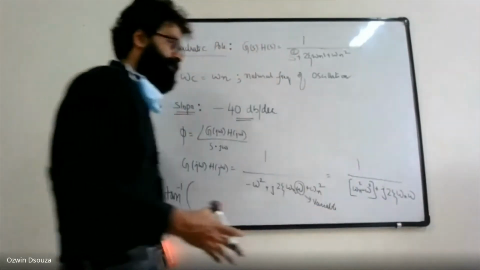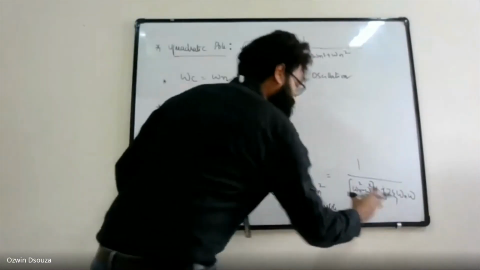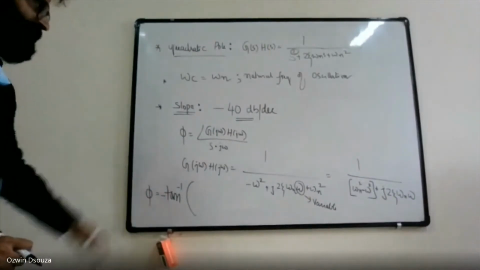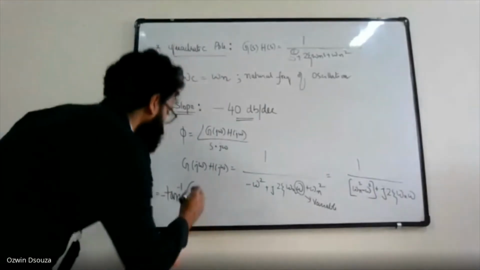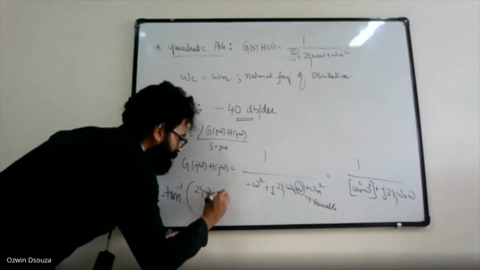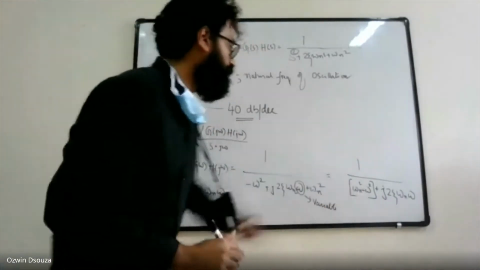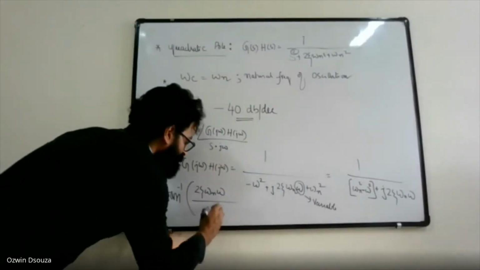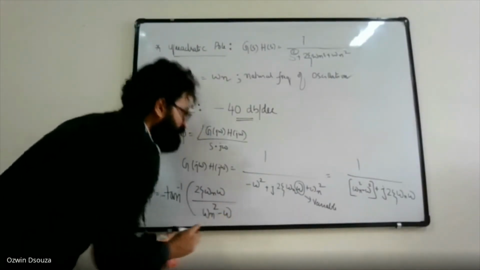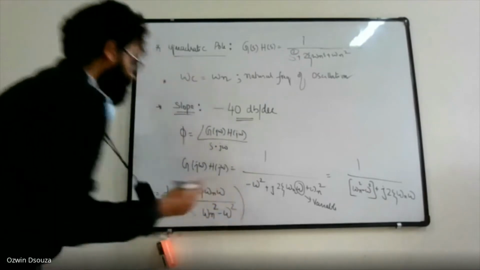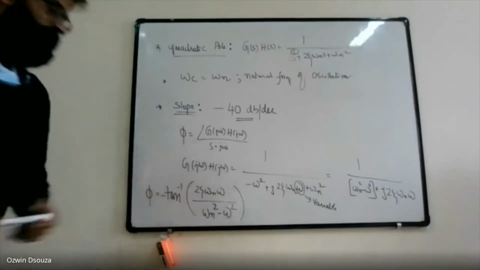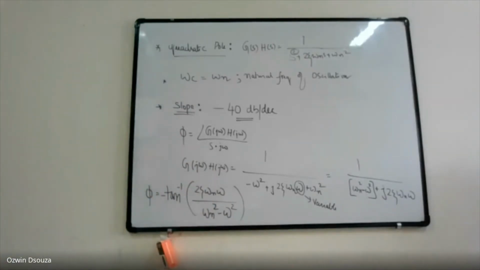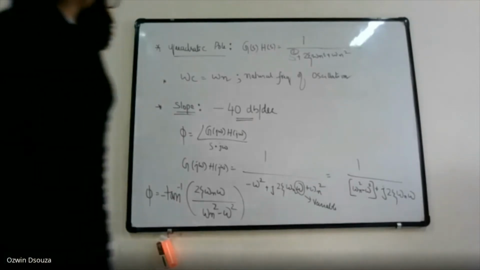So when you take out the net angle, it is numerator angle minus denominator angle. So minus tan inverse of the imaginary part, 2 zeta omega n into omega, divided by the real part, omega n square minus omega square. Okay. So you just substitute the omega value and you can find the phi value. So that is your phase angle plot.